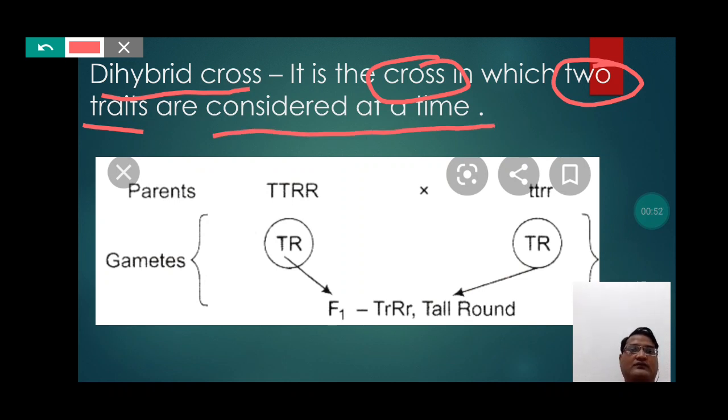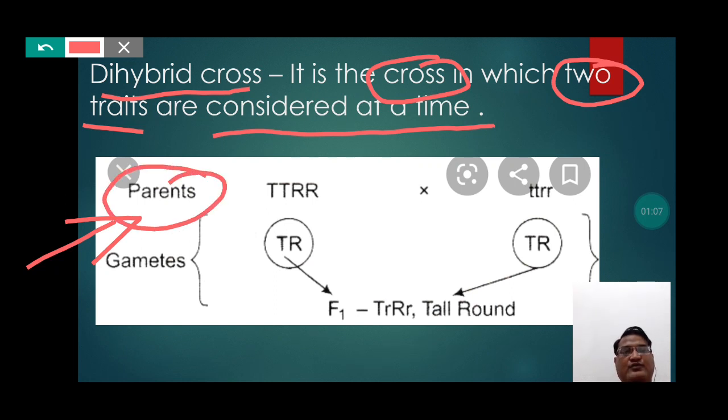So students, here we can understand the concept of dihybrid cross with the help of this picture. Students, here we can notice that the parental generation has two different types of genes.